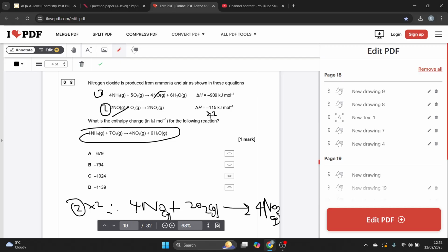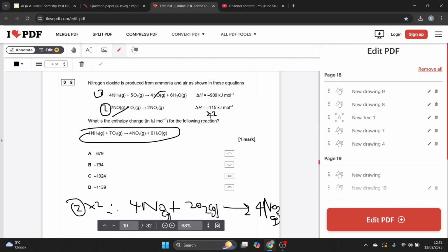Actually, no, I don't do that. The enthalpy change for the following reaction: nitrogen dioxide produced by ammonia and air. So it's going to be minus 115 times by 2, minus 909.